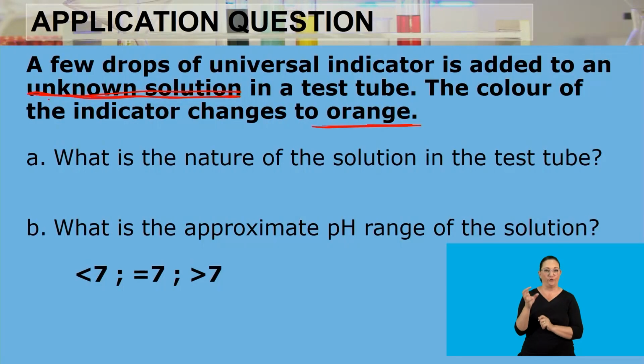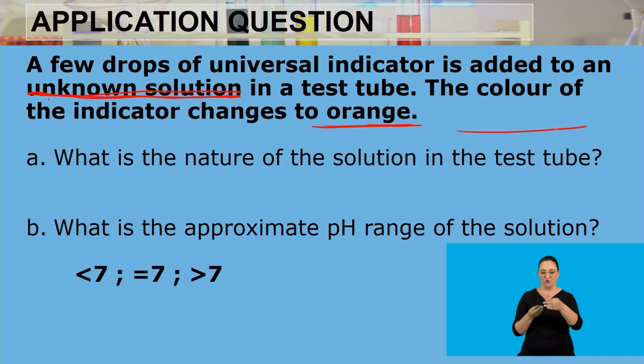Now we know when we add an indicator into an unknown substance, in this case an unknown solution, if the indicator changes to orange, that simply means the substance is acidic. On the scale of 0 to 14, orange is just slightly below 7.